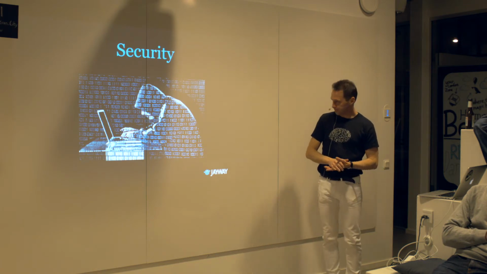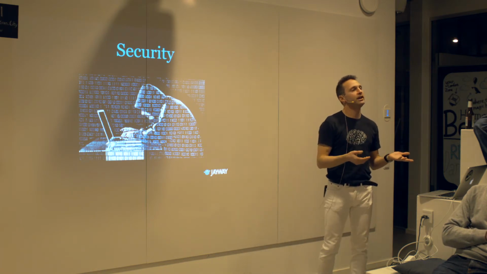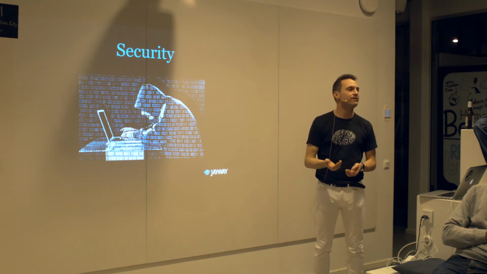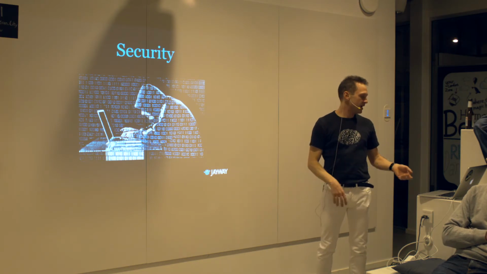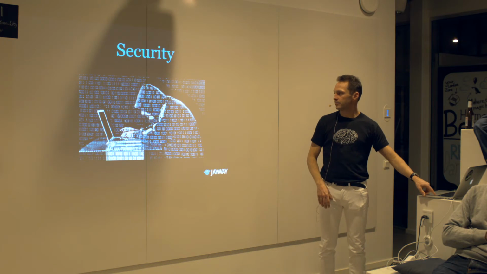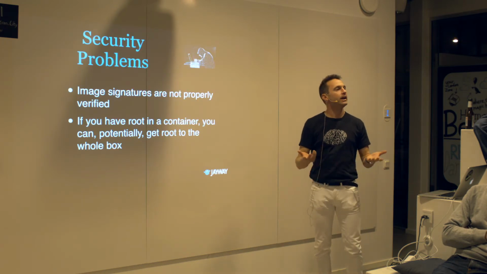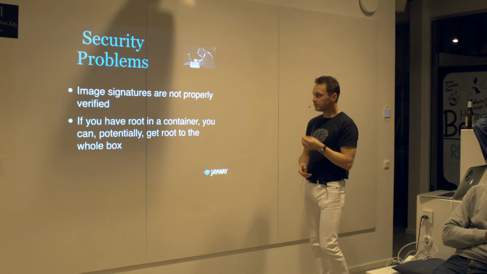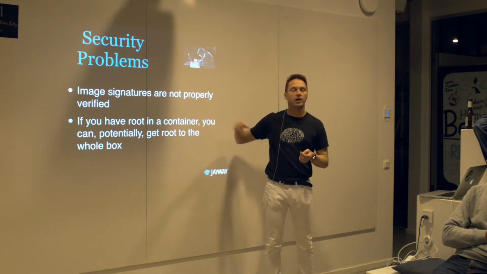So, security. You may have heard or read that it's not safe to use Docker, and it's true, depending on your use case, because image signatures are not properly verified.